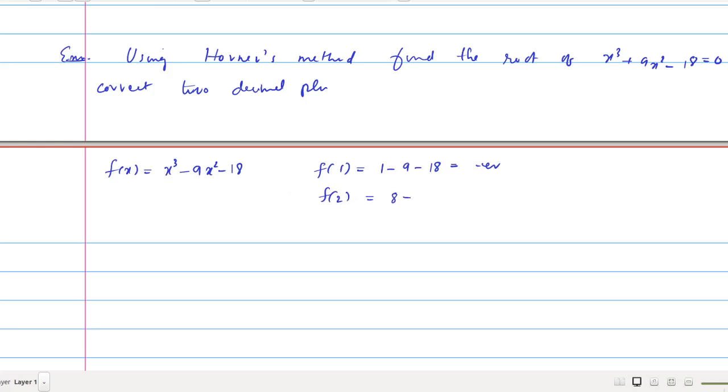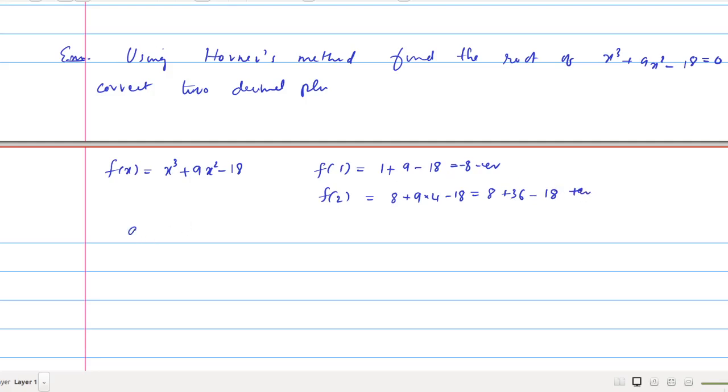F of 2 will be 8 plus 9 into 4, that is 36, minus 18, so 8 plus 36 minus 18, that is 26, which is positive.